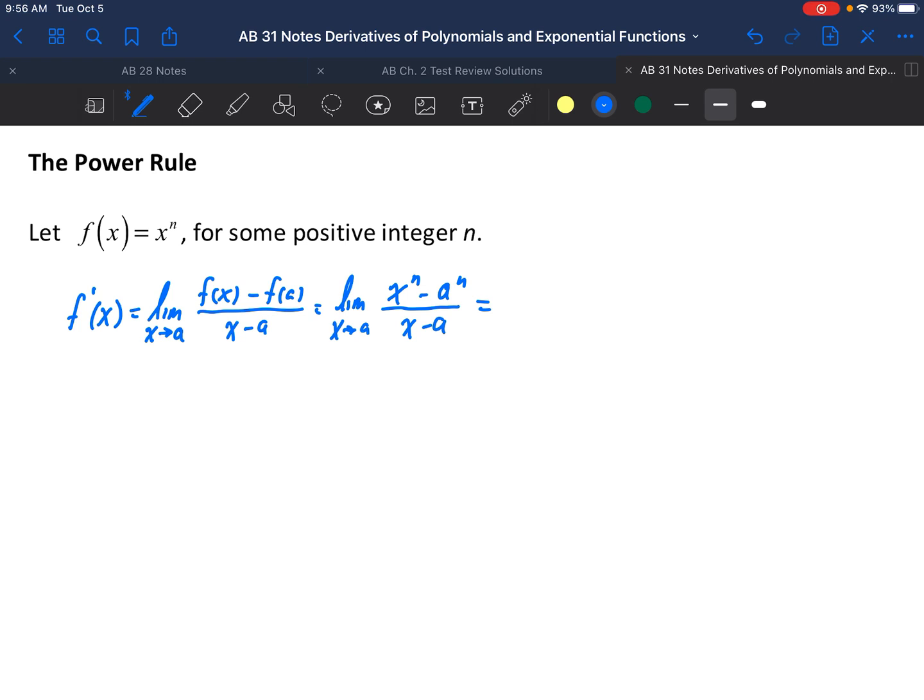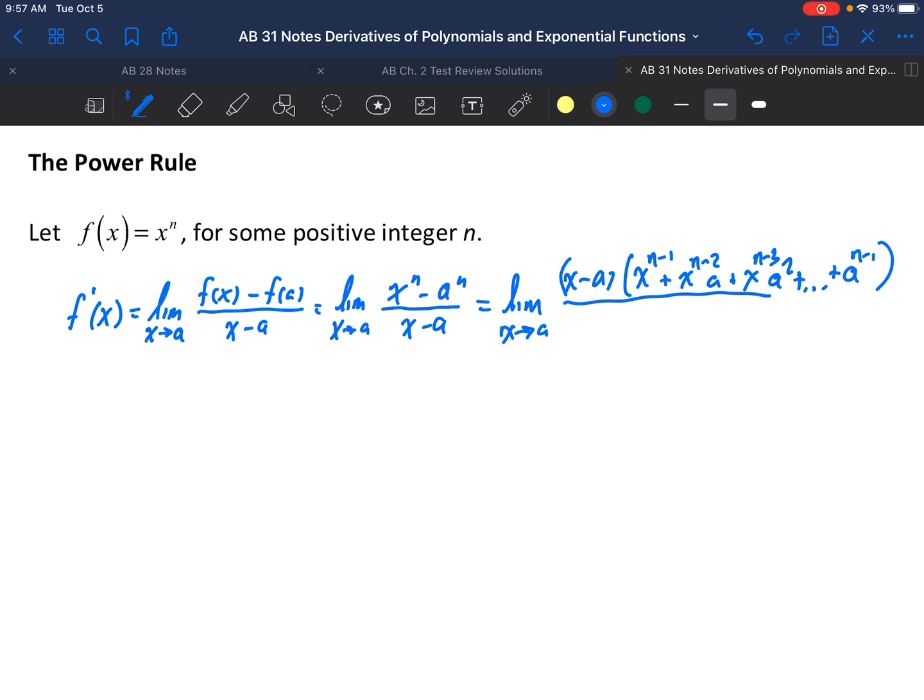Well, for some general n, we're always going to have that x minus a factor, but then we're going to have x to the n minus 1 plus x to the n minus 2 times a plus x to the n minus 3 times a squared plus all the way down to a to the n minus 1, all over x minus a. That was our factoring pattern.